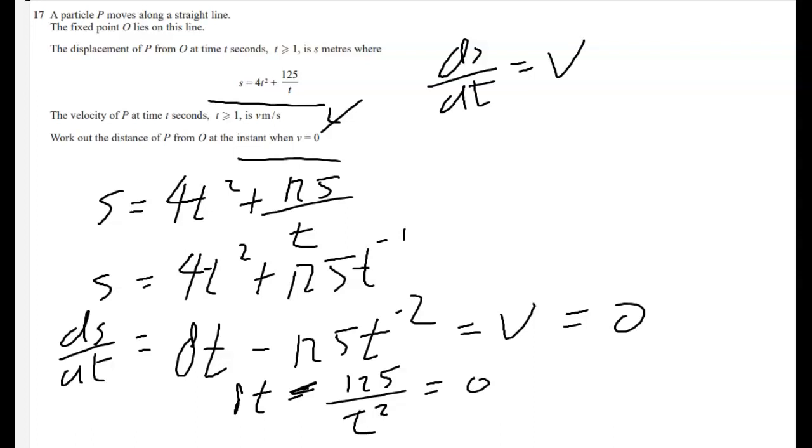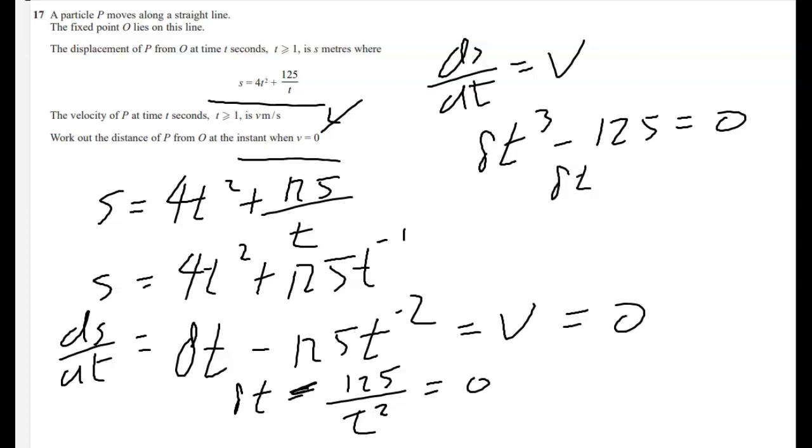Alright, so now let's quickly take a look. Under these circumstances, what can we do? We can try to see if we can do it in a simple format. So if I were to multiply everything by t squared, the top part would then become 8t cubed minus 125 equals 0, because 0 multiplied by t squared would still be 0.